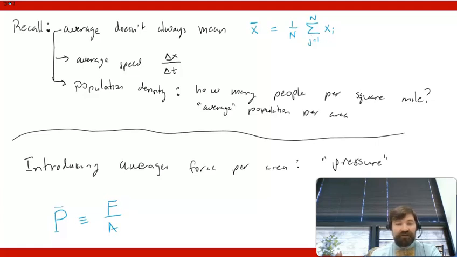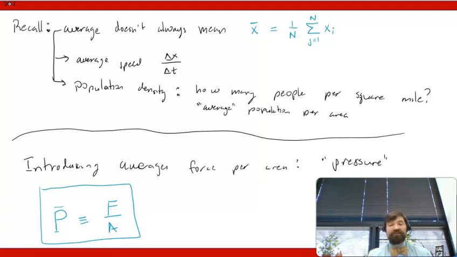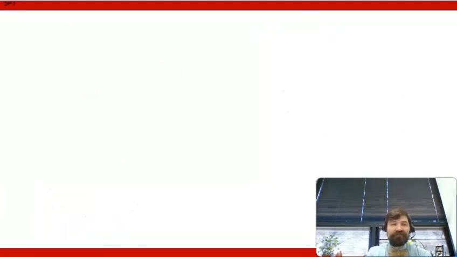Technically, this is actually an average pressure as well, because that pressure may vary across the area of an object. And in fact, for most fluids, it would vary across the area, because as you go deeper into a fluid, you get more and more pressure. In fact, how does pressure vary with depth within a fluid?